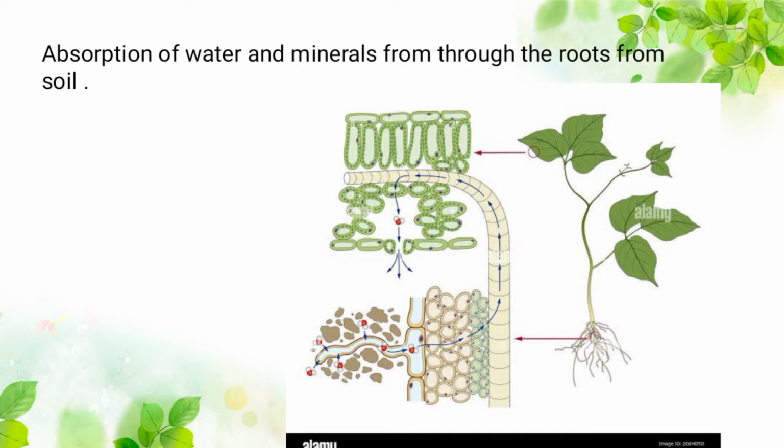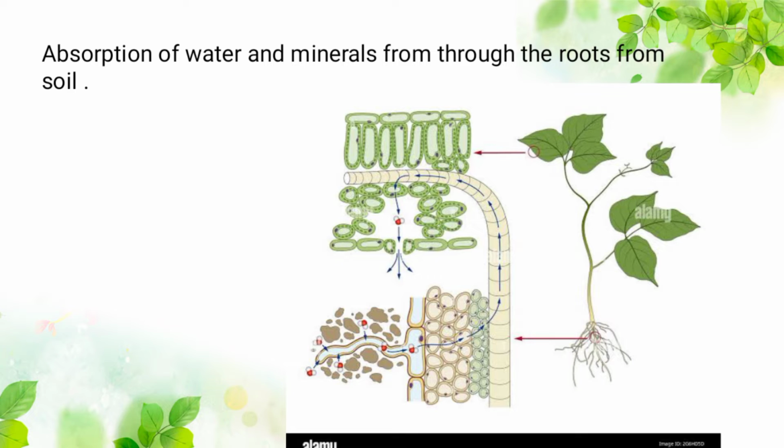The cells present in the roots will take up the water and minerals, and slowly through the roots it will enter into the stem, and from the stem there is a pipe-like connection, that is the xylem and phloem. We will study them in the upcoming classes.